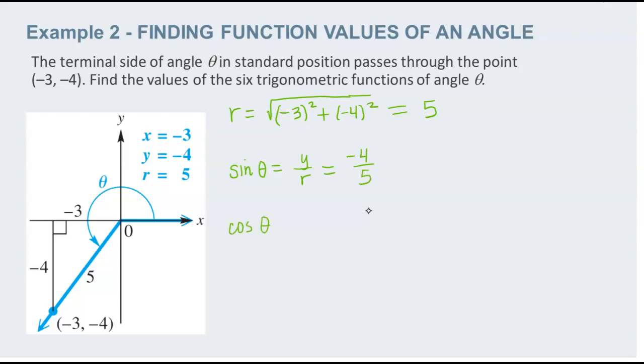The cosine of the angle is x over r, or -3/5. Again, this is the x value, this is the y value, and this is r. And the tangent of the angle is y over x, or -4/3, which simplifies to 4/3.